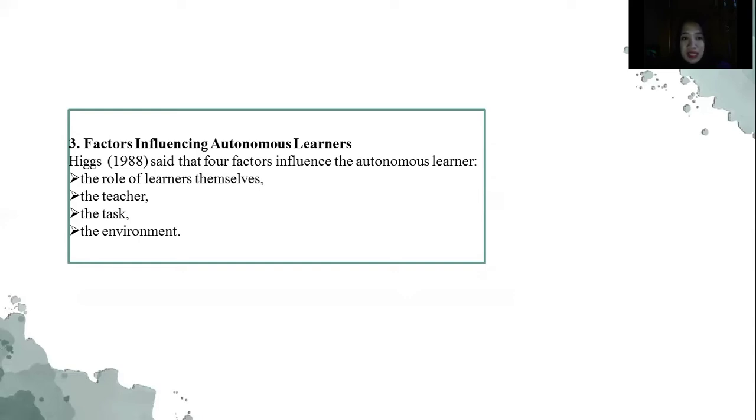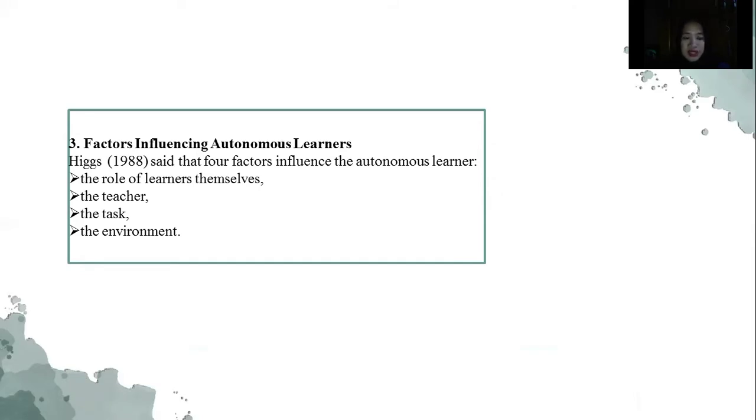Based on Hicks 1988, four factors influence the autonomous learner. First, the role of learners themselves. Based on Hicks 1998, past educational experience influences the autonomous learner. So it means that the role of ourselves can influence us to be autonomous learners.